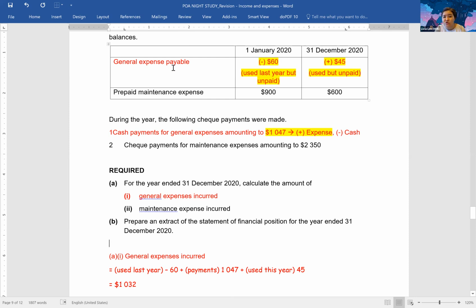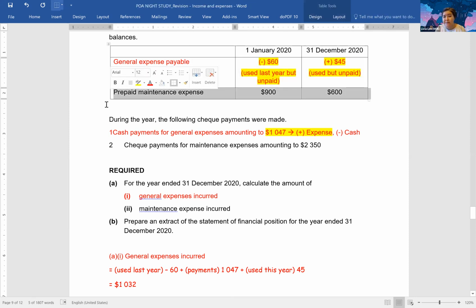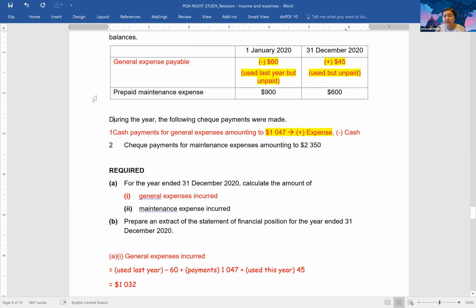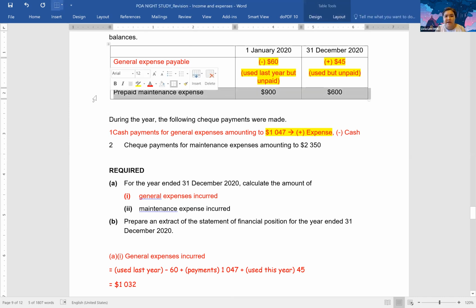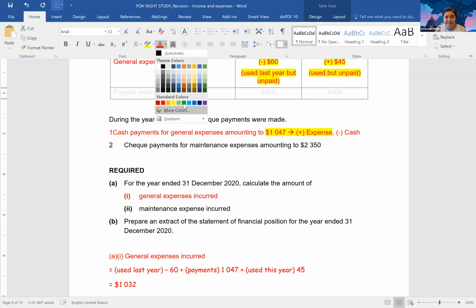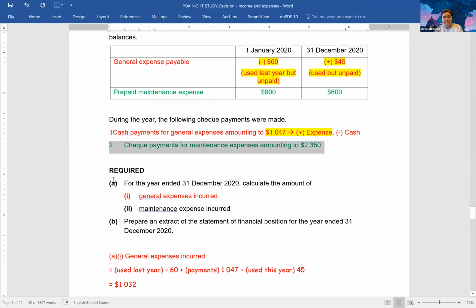Okay, usually the two questions, it will come with a payable and a prepaid expense. All right, so why don't you try to recall again your prepaid expenses? Can you try the prepaid maintenance expense? All right, so everything that is in green, can you do this now?